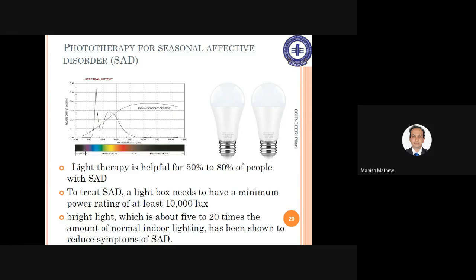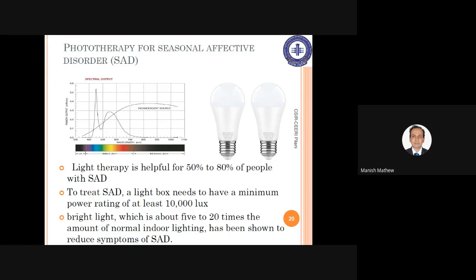In order to treat SAD, the light box needs to have a minimum power rating of at least 10,000 lux. The bright light, which is about 5 to 20 times the amount of normal indoor light, has been shown to reduce the symptoms of SAD.